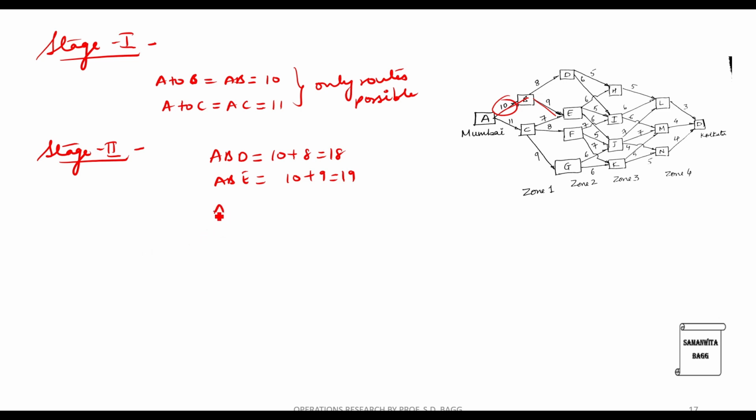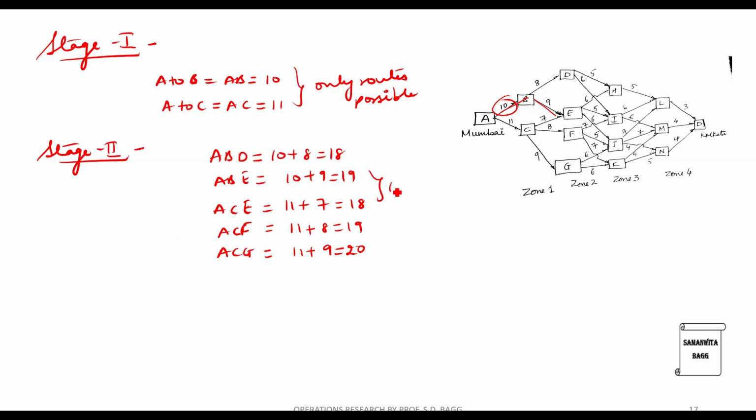Similarly, you can calculate ACE, ACF and ACG. So ACE: A to C is 11, C to E is 7, this is 18. A to C is 11, C to F is 8, so this is 19. A to C is 11 and C to G is 9, so this becomes 20.